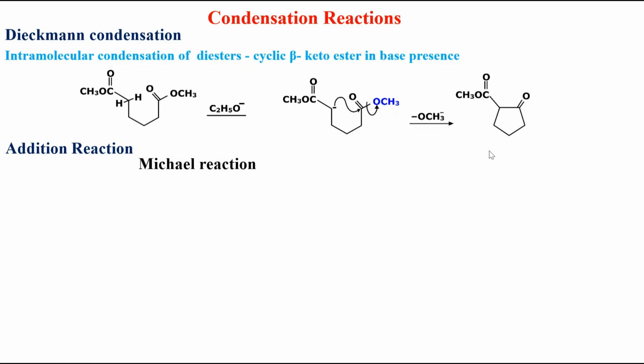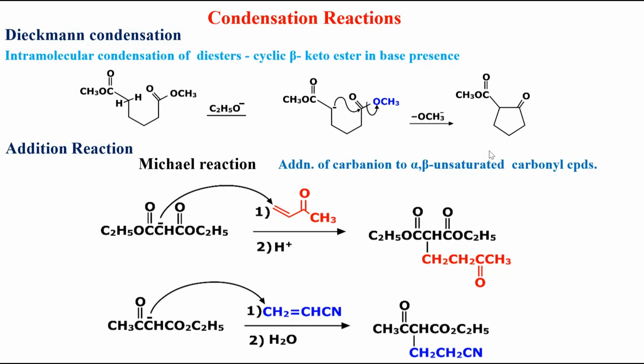In addition reactions, it can undergo Michael addition. When I treat diethyl malonate with a base, I get a carbanion, and this carbanion can act as a nucleophile and add across a carbon-carbon double bond in alpha-beta unsaturated ketones.